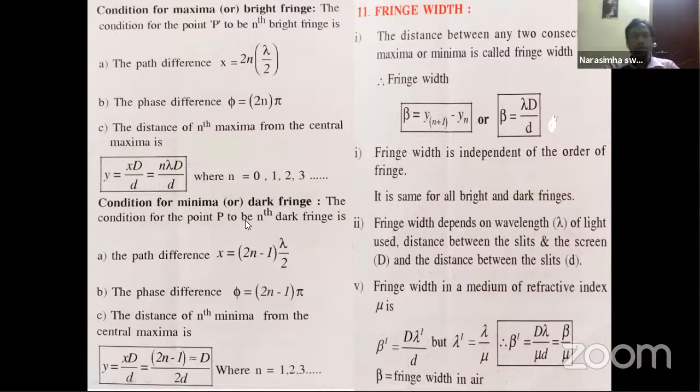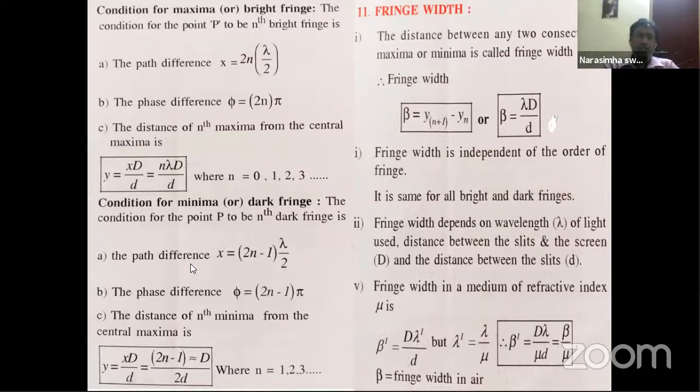Right, now the condition for a minima or dark fringe. When on the screen we assumed randomly one point P, maybe that P may be dark. So what will be the formula for getting a dark fringe?